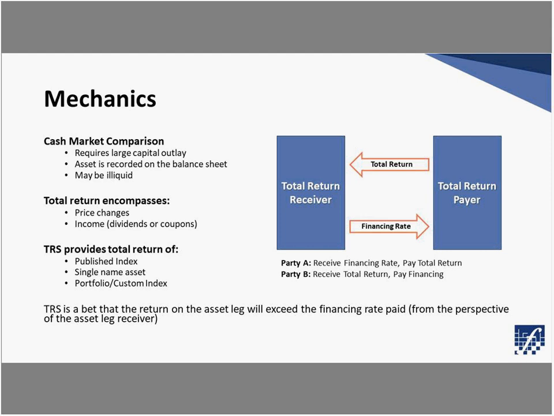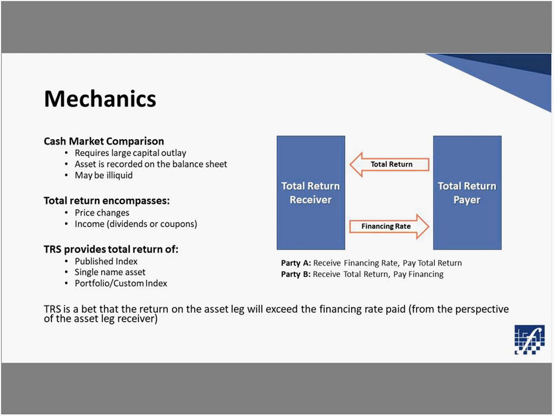And again, you may be able to skirt the liquidity problems because you can create a contract on any instrument, basically. So what is total return? It encompasses both the price changes of the asset as well as any income derived from it, meaning dividends or coupons.